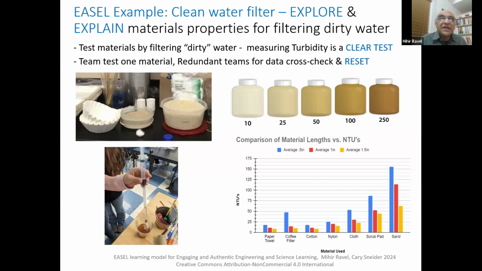And then we actually had a turbidity meter, and they measured quantitatively, and you can see an example of a result. The graph is a combination of the filtering properties, meaning the lower is better. The lower than the bar, it means the more the material cleaned out the contamination.